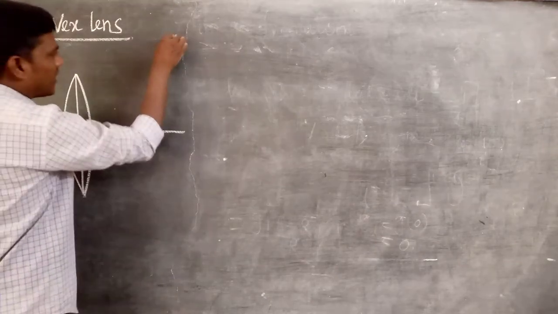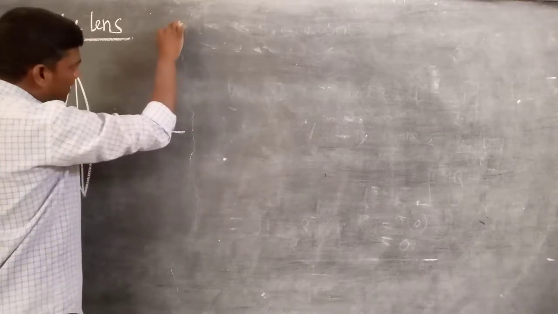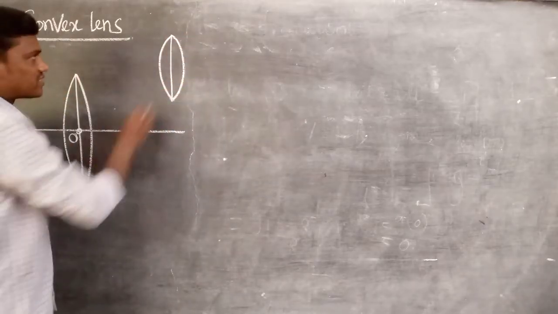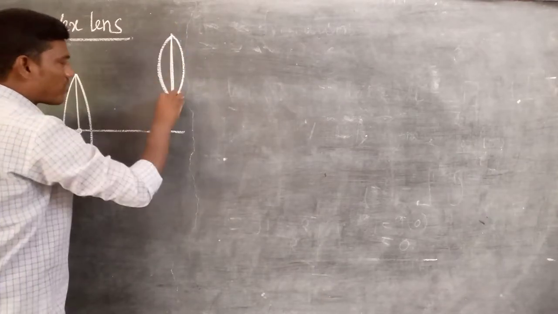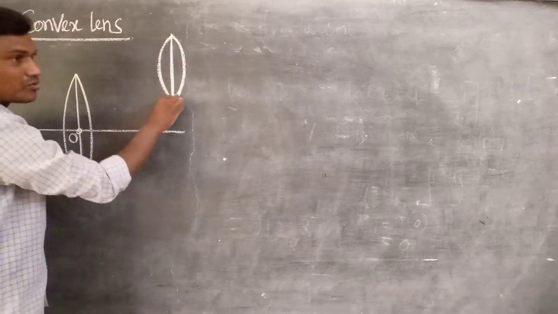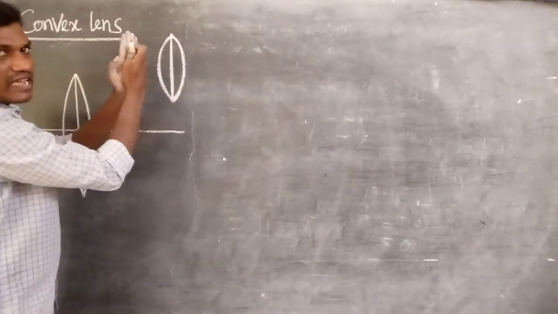That's why, like this one, it is one refracting surface. It is the other refracting surface. That's why this line is separated. This is one curved surface. It is the second curve. These two are bounded, physically attached.